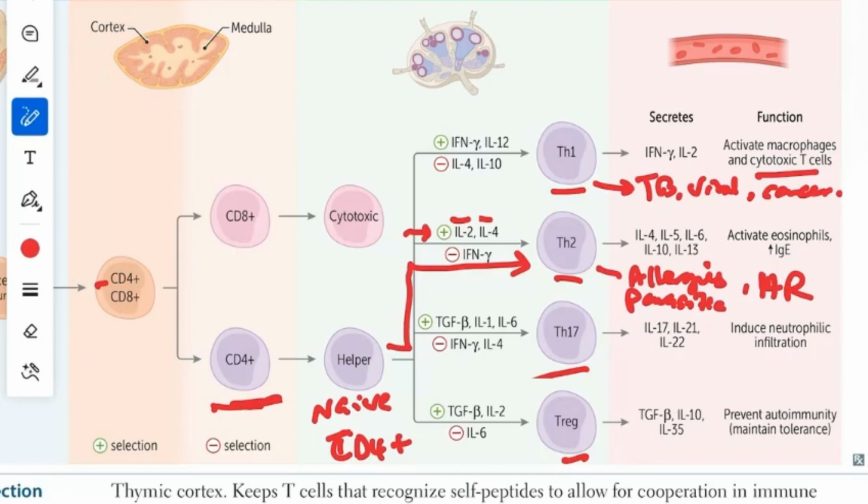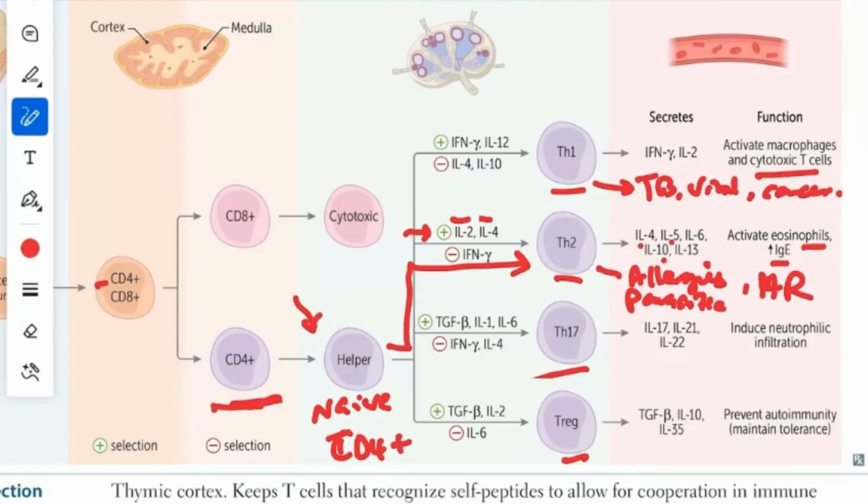infestations as well. Th2 will produce this set of cytokines, interleukin 4, 5, 6, 10, 13, that activate eosinophils and also stimulate B cells to produce immunoglobulin E. So you can see, depending on the information that the naive CD4 cell receives initially, it will become a specific type of T cell that will go on to activate unique sets of white blood cells.